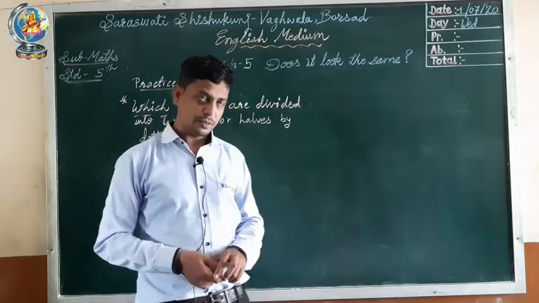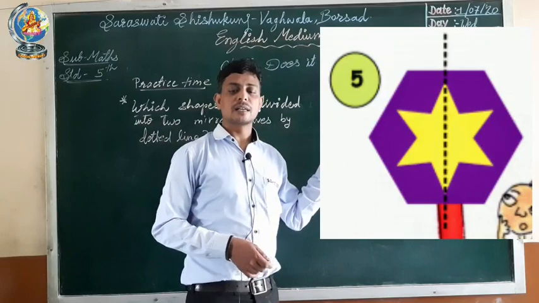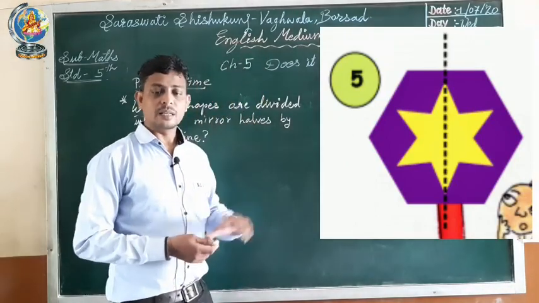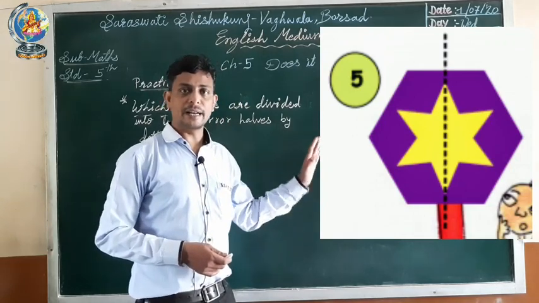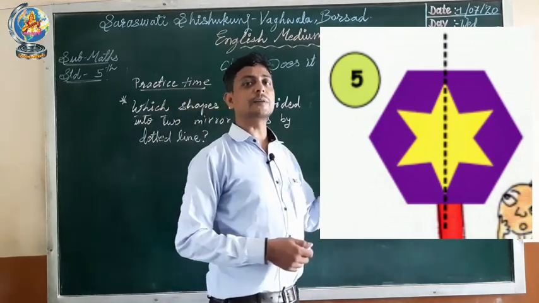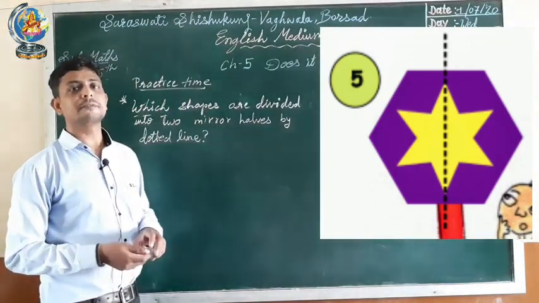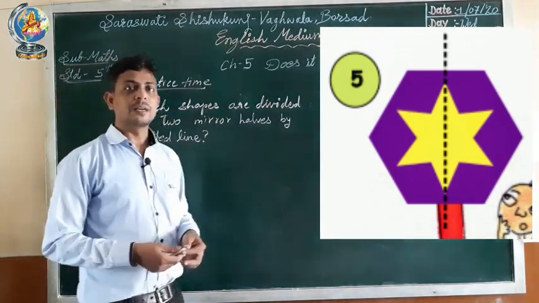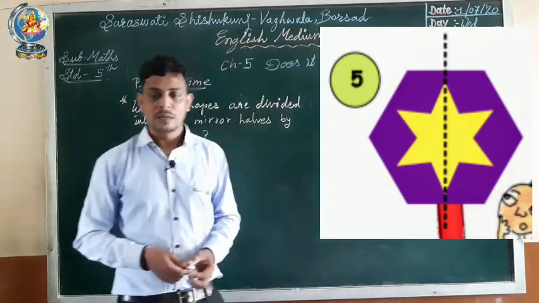Fifth picture. In this picture, a star is given. This star is divided by a dotted line and it is divided into two equal parts. So the fifth shape is divided into equal halves.